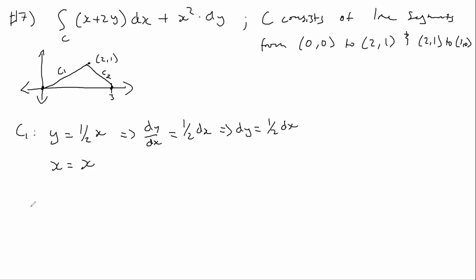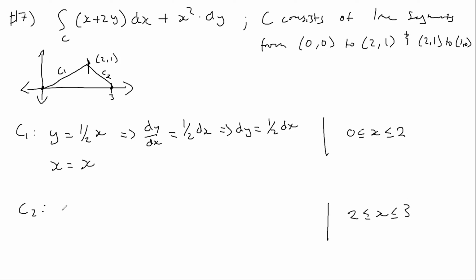Now for C2, oh, wait, one last thing worth mentioning: C1 is bounded between 0 and 2 for my x values, since we're cutting it off right there. For C2, let me start off with the bounds. x is going to be bounded between 2 and 3.